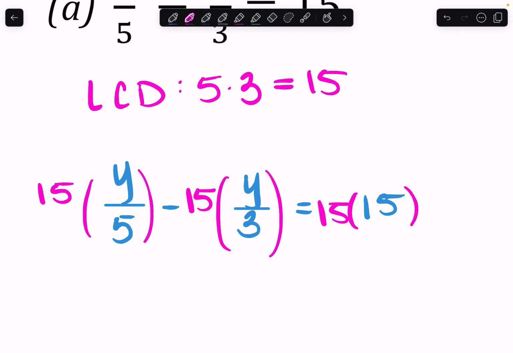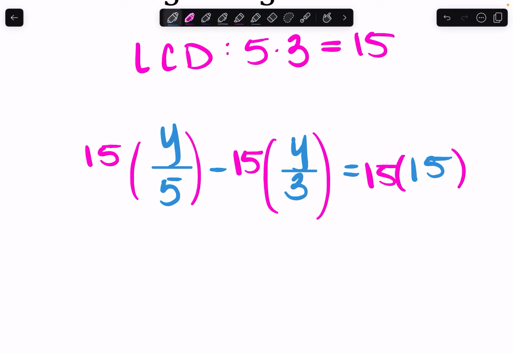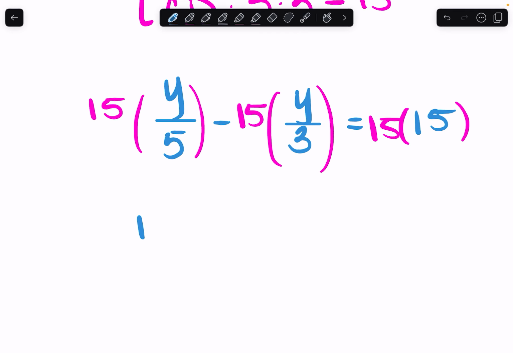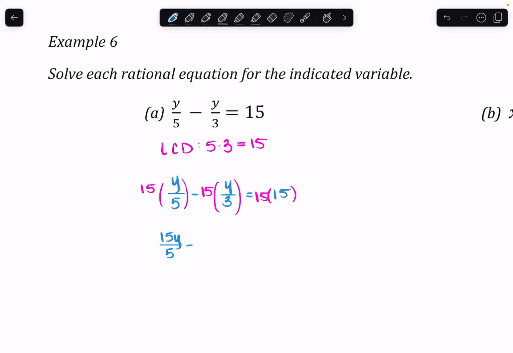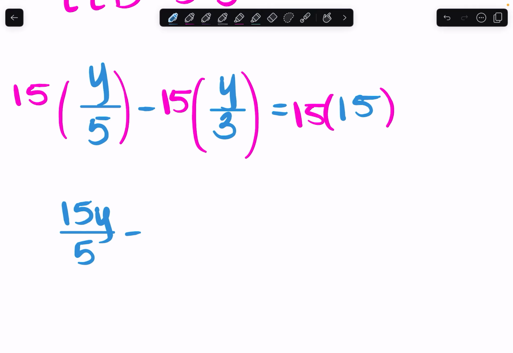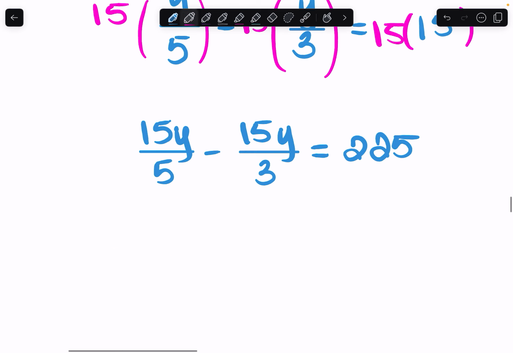At this point, we want to make our fractions go away. If you want to rewrite them as single fractions, you can. So this would be 15y over 5 minus 15y over 3 equals, and then 15 times 15, 225. You should have no more fractions when we go through the next step.